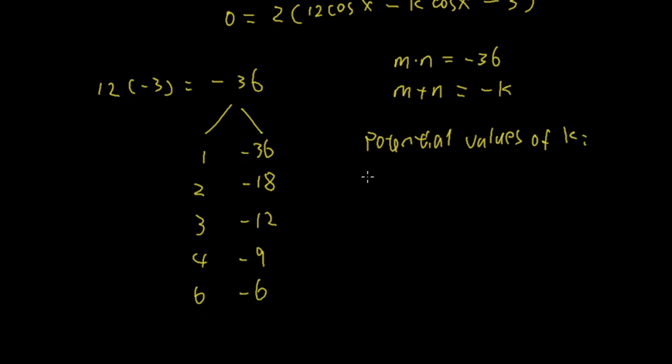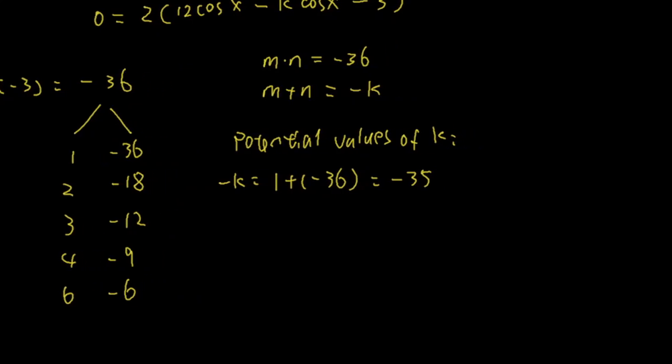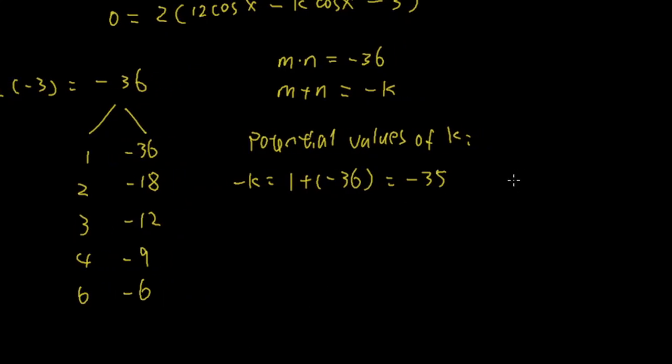So we can say that negative k equals 1 plus negative 36 equals negative 35. Then we can say that k is equal to 35, right? Because negatives cancel out. Negative k equals, for this pair, 2 plus negative 18 equals negative 16. Then k is equal to 16.